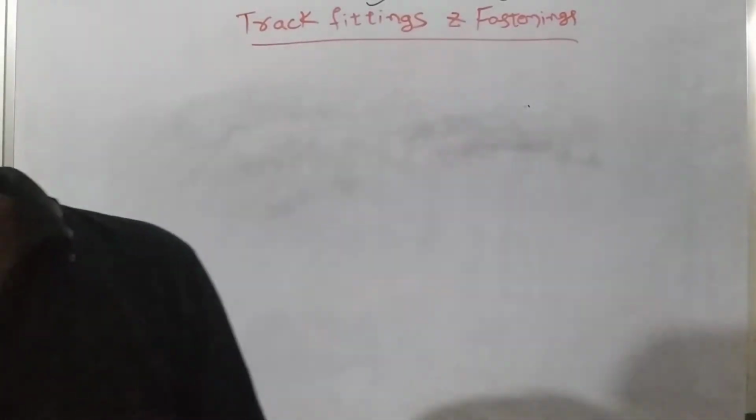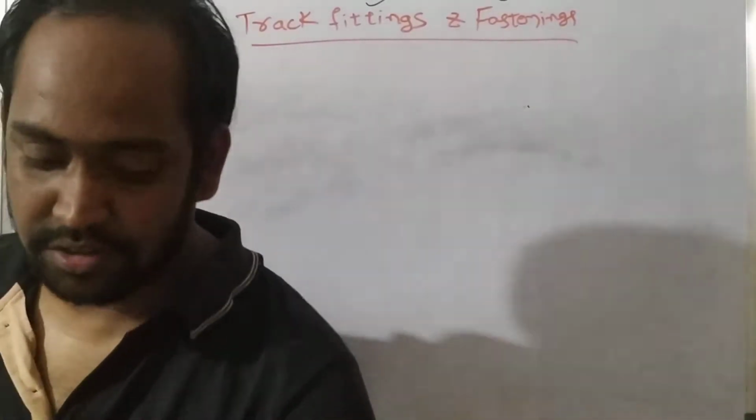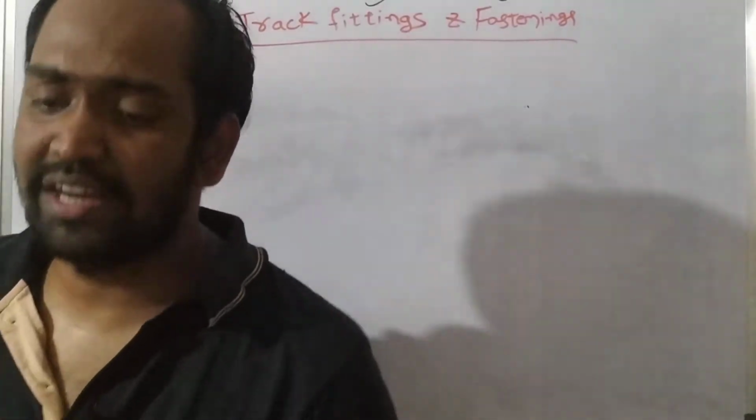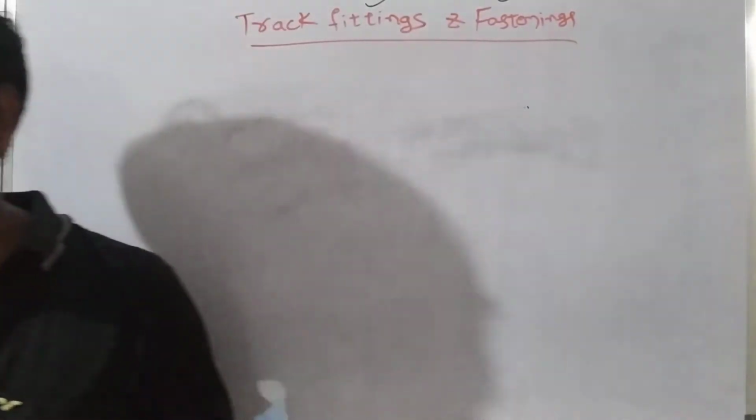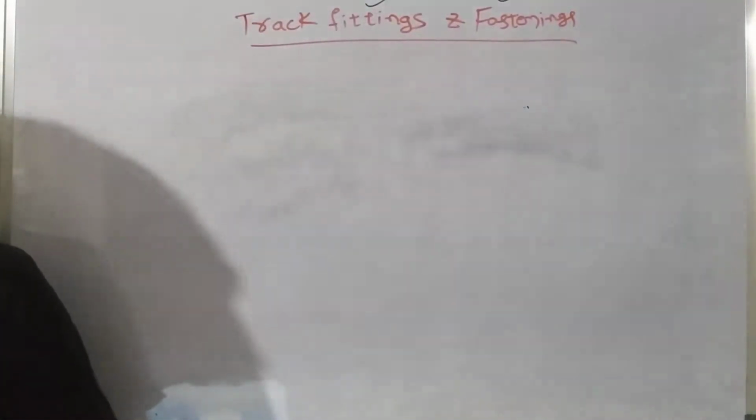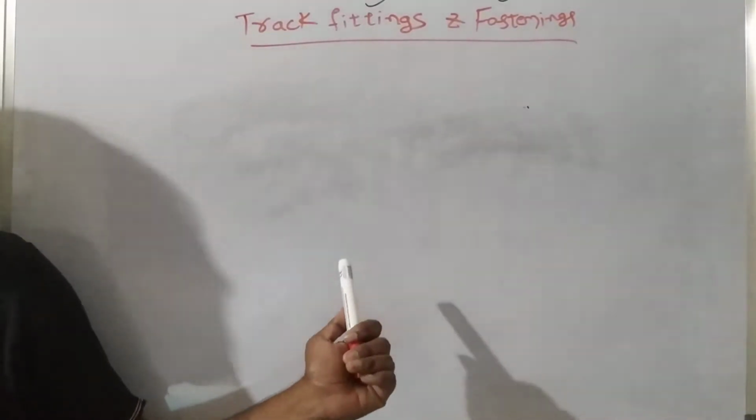Let me explain. A rail fastening system is a means of fixing rails to sleepers and also a means of connecting two rails together.